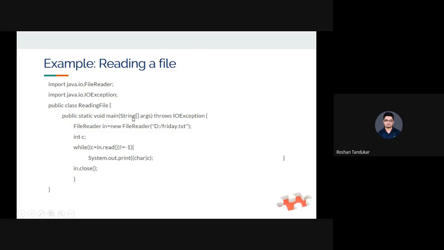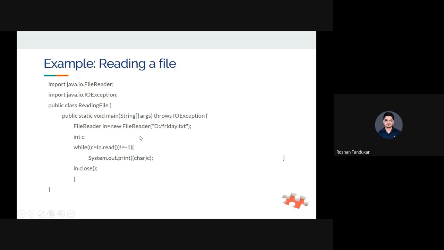Now you have to read the file. So first of all you have to use FileReader. You have to create the object for that. What you have done here, you can see: FileReader in = new FileReader, and the location. FileReader is a built-in class that is used to read a file. Then in, for taking input, we have defined an object for reading. And new, you know, is the operator which will create the memory location or the object for this one.